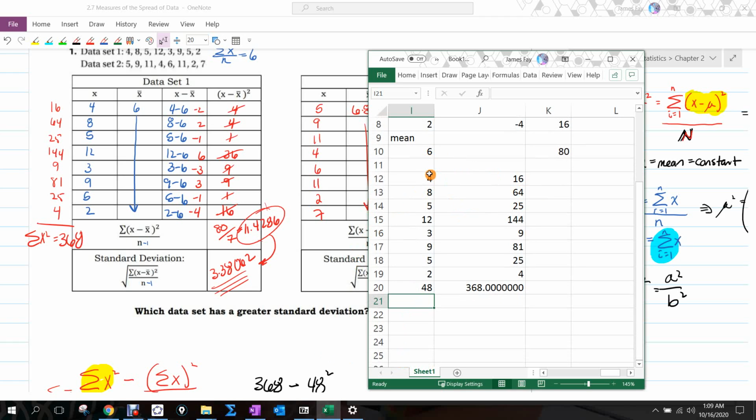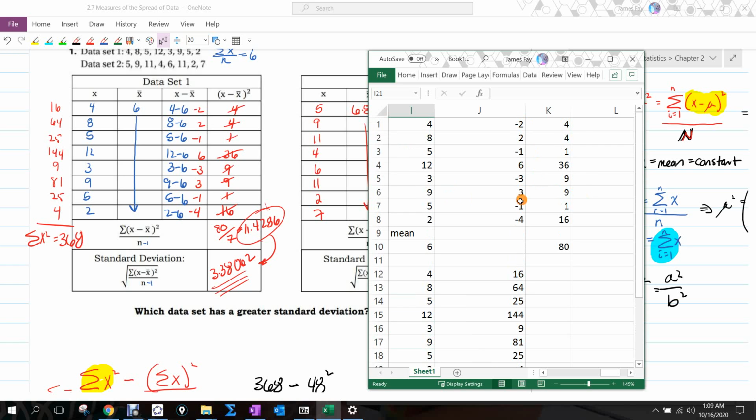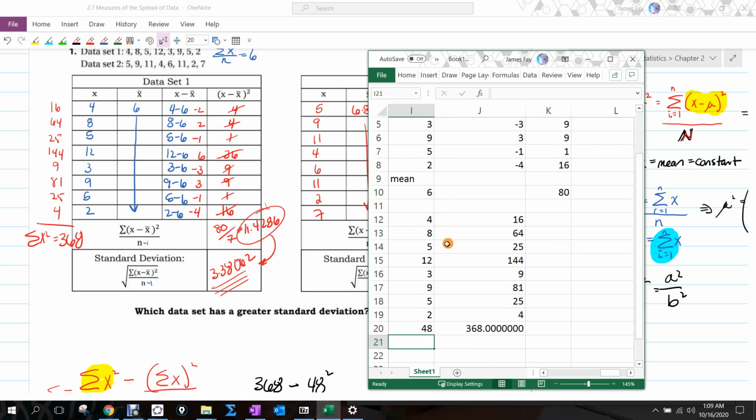All I had to do is program my computer to square my data entries and to sum my data entries. There was no need for differences and all that kind of stuff that we had to do up here. So I'm able to minimize the amount of RAM that my computer uses to generate these values.